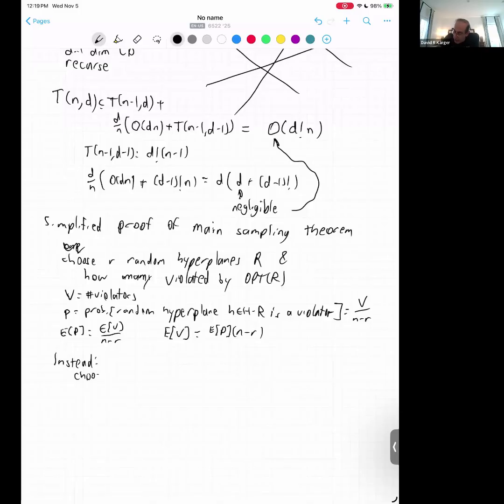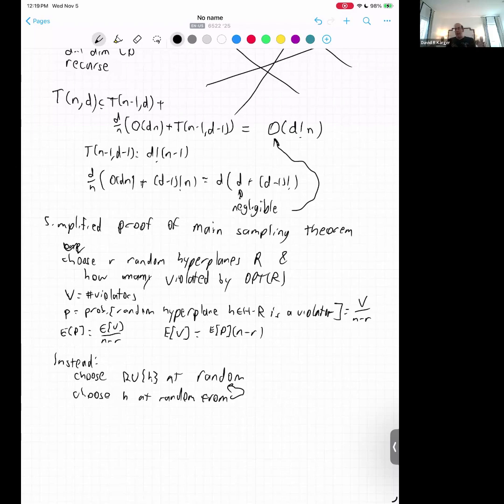So instead, to analyze this very straightforwardly, I'm going to choose at random R together with H, and then from it choose my H at random from the previous set, right? So essentially my experiment involves choosing a total of R+1 hyperplanes.